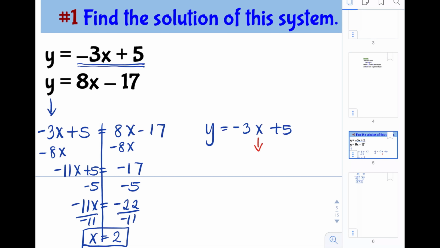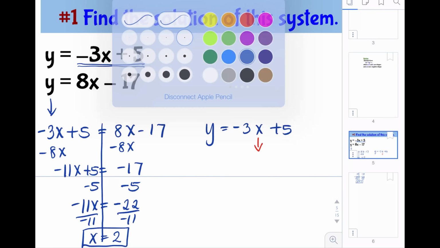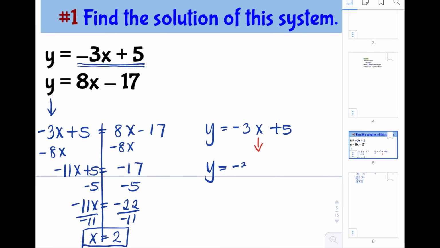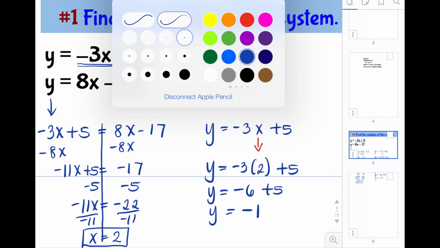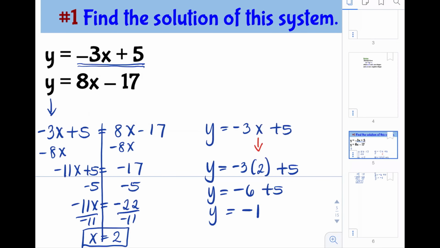So this becomes y is equal to negative 3, my x value is 2, and then we have plus 5. So y is equal to negative 6 plus 5, and the y value is negative 1. So this means that the two equations will intersect at positive 2, comma, negative 1.